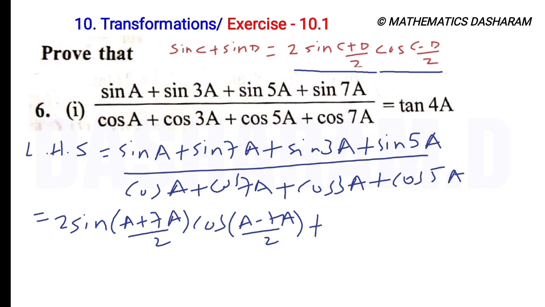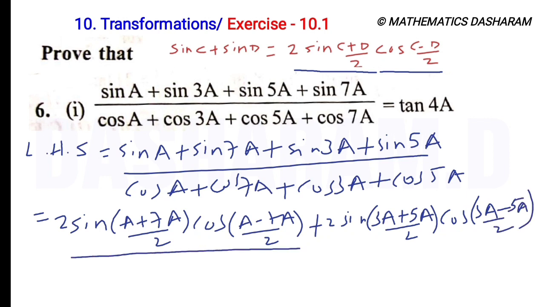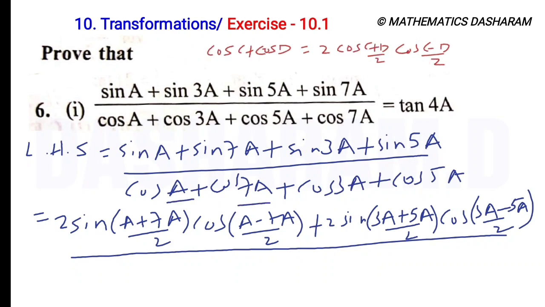Next, plus, here the same formula, sin C plus sin D: 2 sin((3A plus 5A) by 2) into cos((3A minus 5A) by 2), divided by, next here the cos C plus cos D formula, 2 cos((C plus D) by 2) into cos((C minus D) by 2).